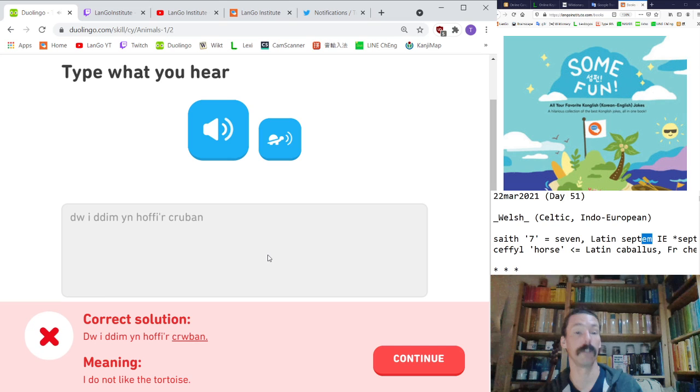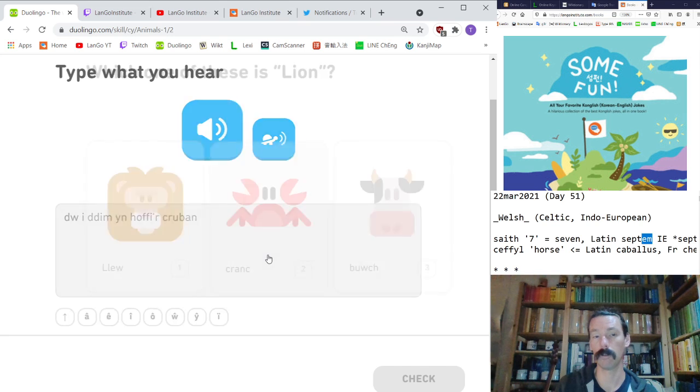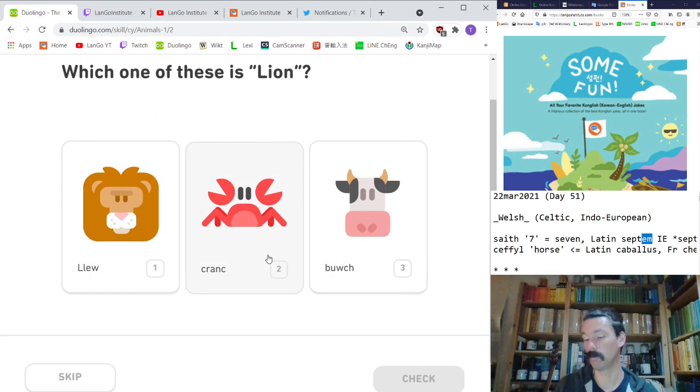Which was what again? Crwban, tortoise. That would be kriban, what I write. The U is the W letter. Okay. Llew. Buwch is cow. Crank, crab. Llew.